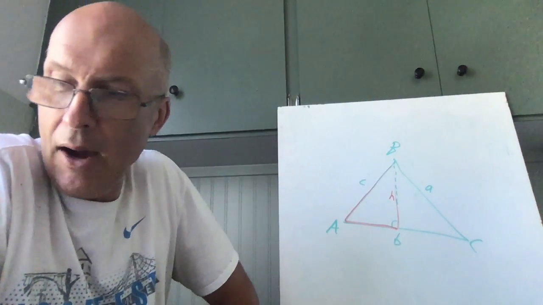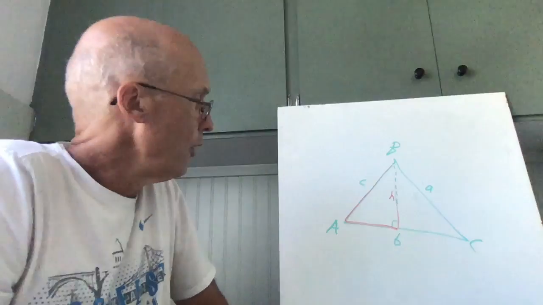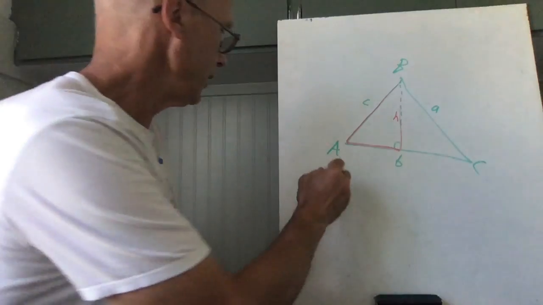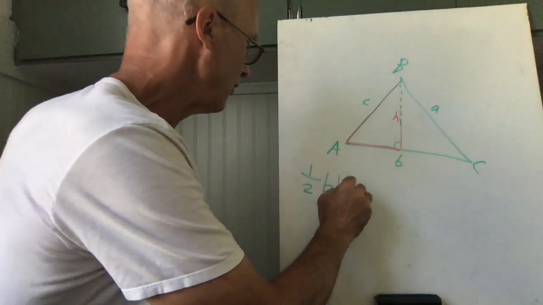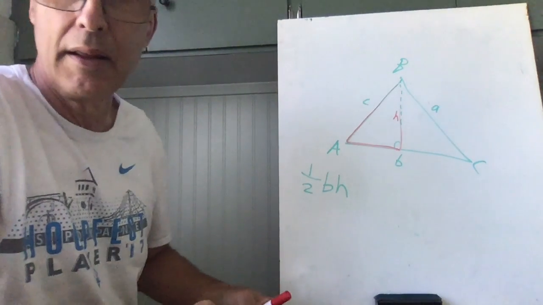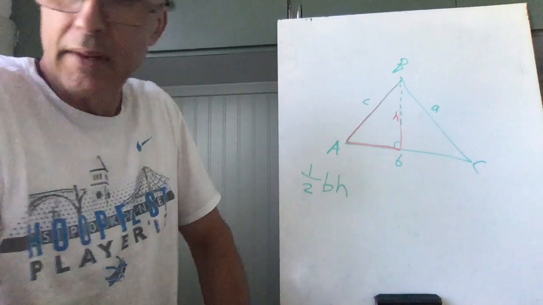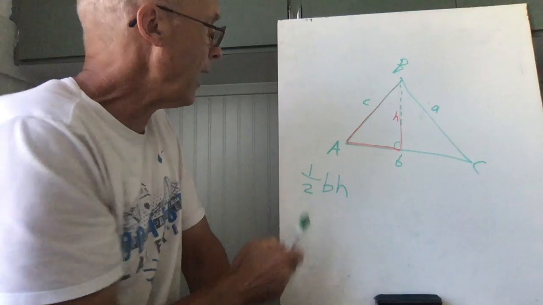Let's think about how to find the area of a triangle, okay? So the area of a triangle is going to be 1/2 base times height. Furthermore, let's look at angle A here.